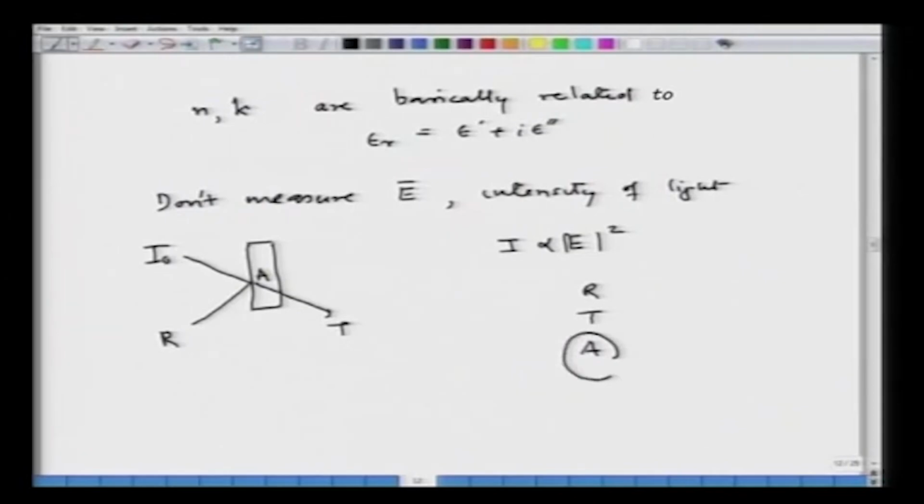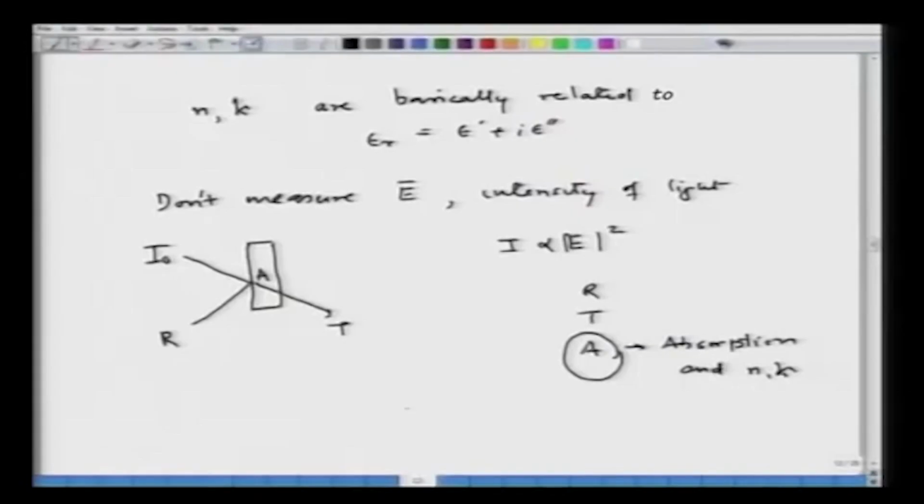I will first show the relationship between absorption and N and kappa. This is a term that we also used in the earlier lecture, where I was talking about the absorption coefficient.